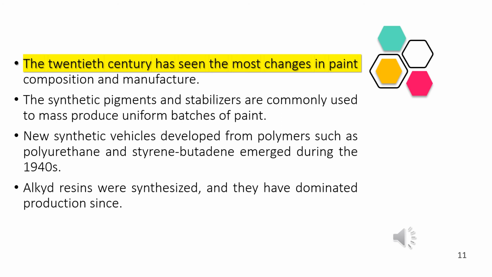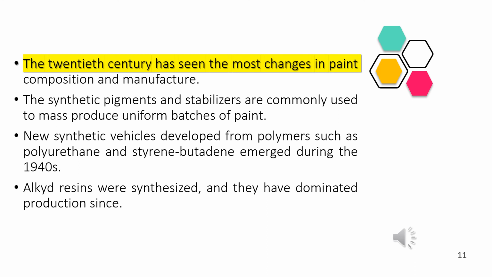So, for making of paints in the 20th century, the synthetic pigments and stabilizers are used to produce the mass by following a batch process. So paints were produced by using a batch process.